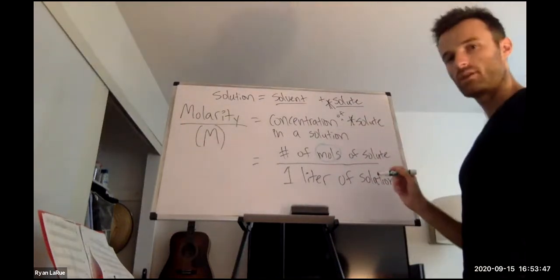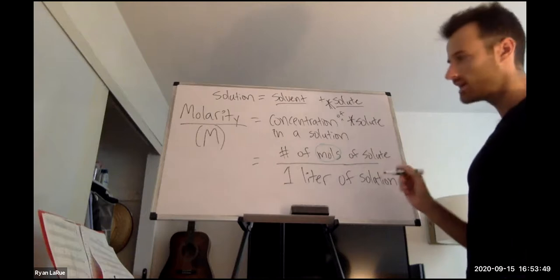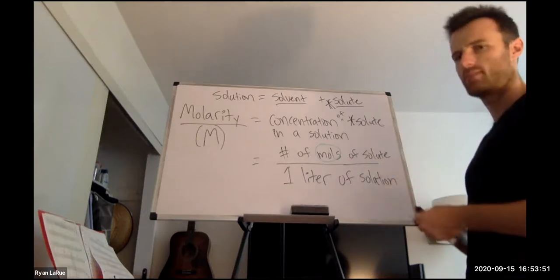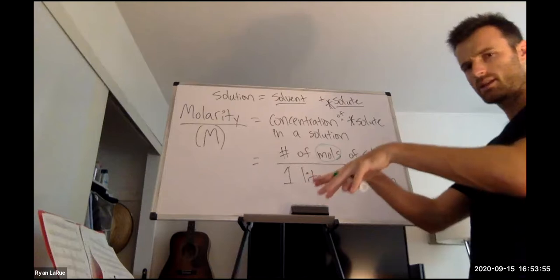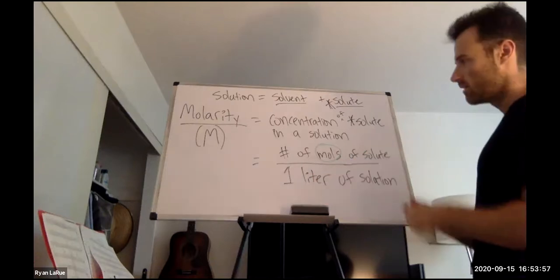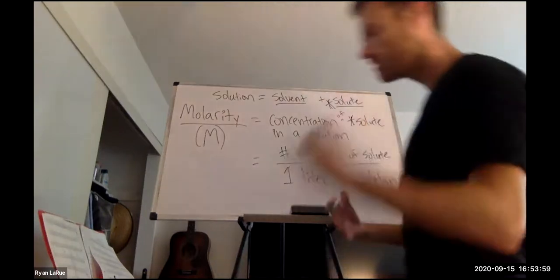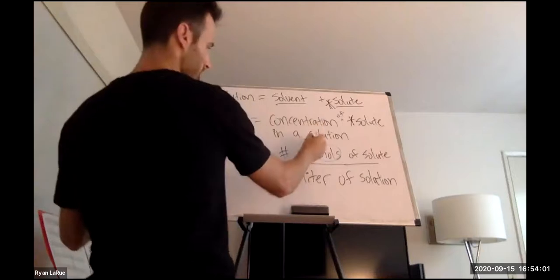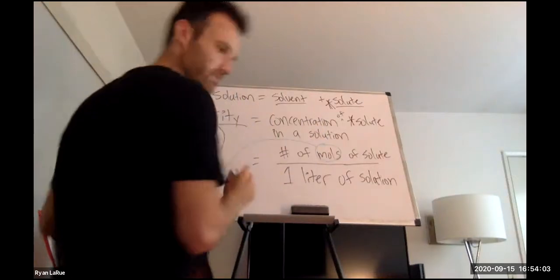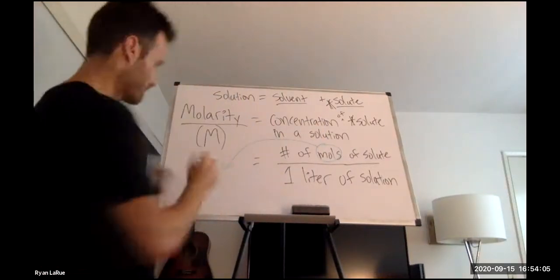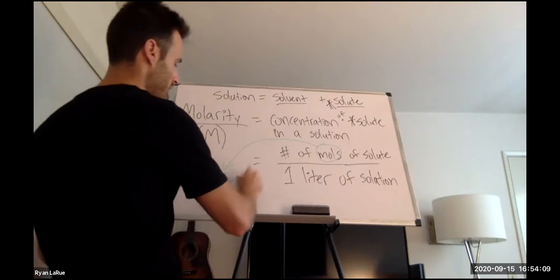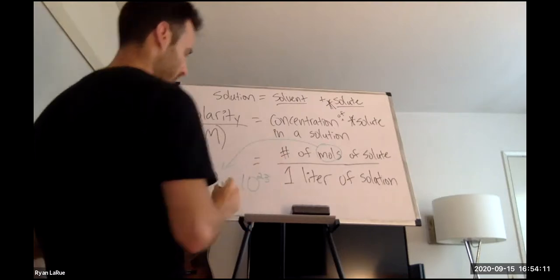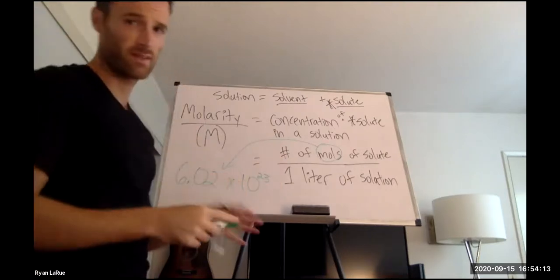A mole is weird. It is this random number called Avogadro's number. We're getting a little bit into chemistry, so I'm going to keep it at bio level. 1 mole equals 6.02 times 10 to the 23rd. It's a massive number.